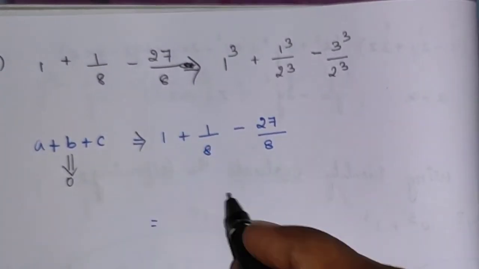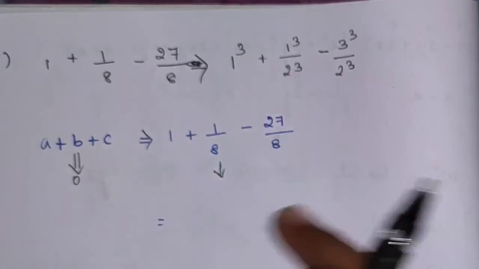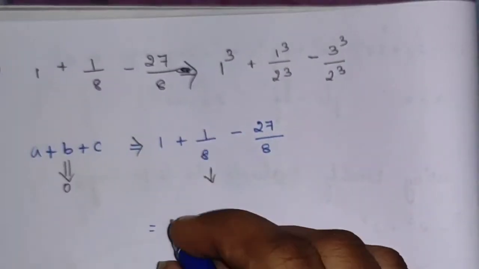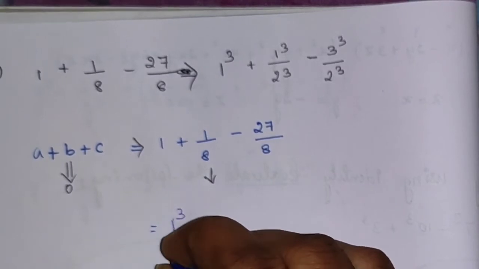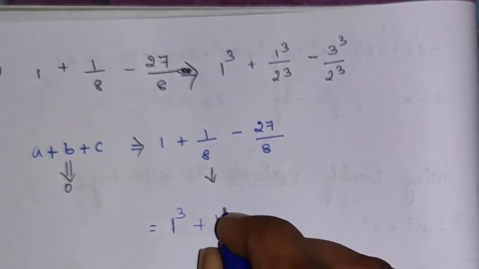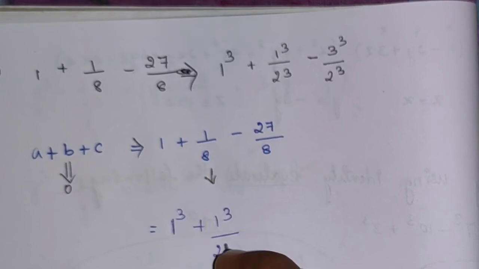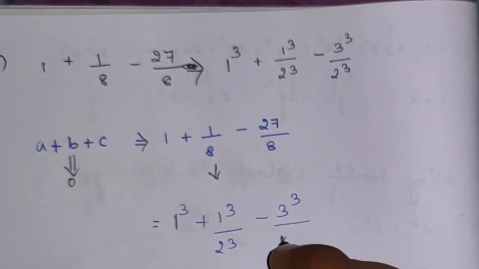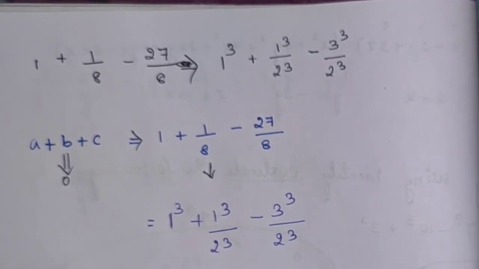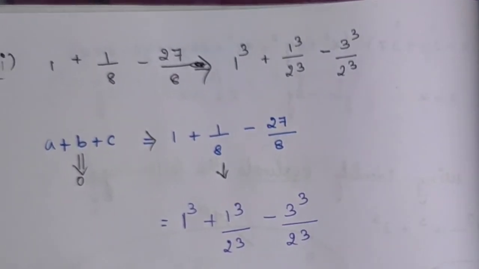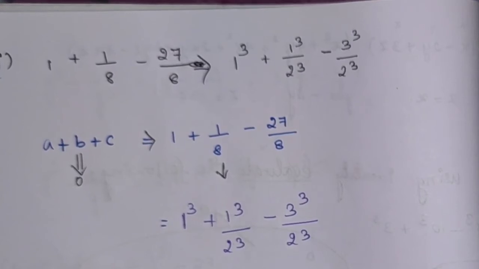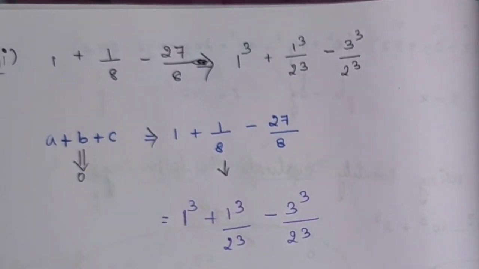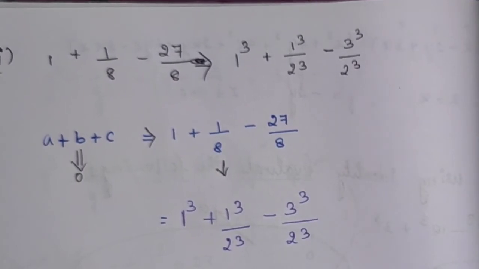So I'm converting this as 1 cube plus 1 cube by 2 cube minus 3 cube by 2 cube, that is 1 cube plus 1 by 2 the whole cube minus 3 by 2 the whole cube.